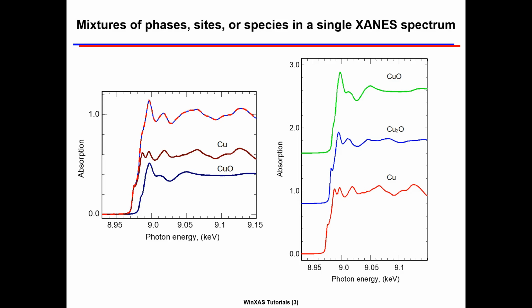For analyzing a single XANES spectrum, a sum of reference XANES spectra can be fitted to the experimental spectrum. Provided data reduction of both sample and reference spectra were performed carefully, this procedure should result in the composition of the sample. However, this approach has some major drawbacks.